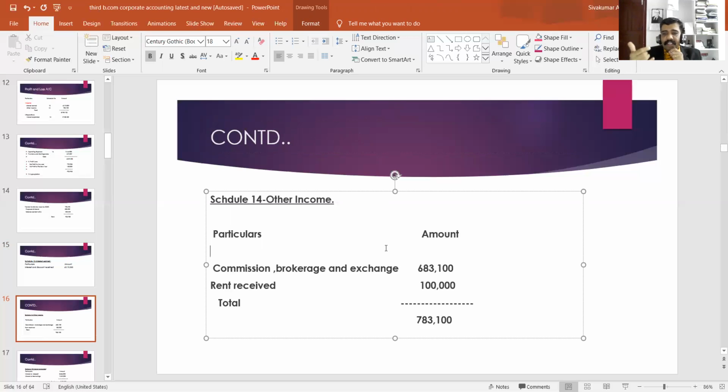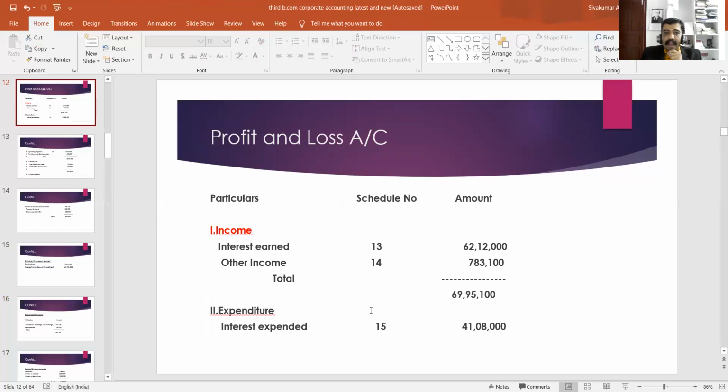Commission, brokerage, exchange, rent received, etc. are the different types of income which may be included under the heading other income. But in this question, with imaginary figures, there are only 2 incomes: one is commission, brokerage and exchange, and the other is rent received. Then please add the column and show the amount as other income in the profit and loss account as schedule number 14.